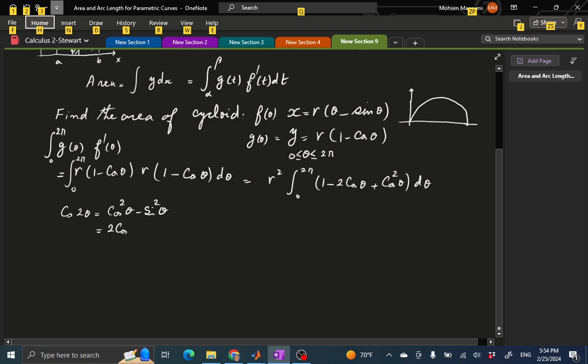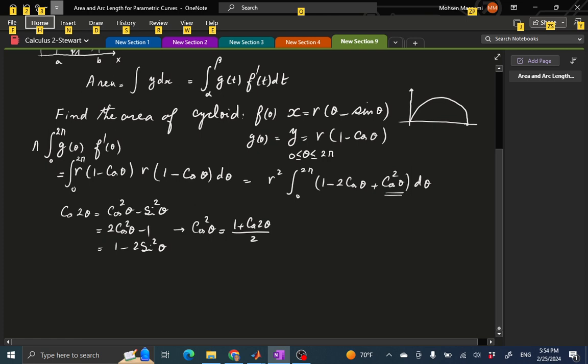You can write it as 2 cosine squared of theta minus 1, or 1 minus 2 sine squared of theta. What I'm planning to do is to convert this to cosine of double the angle and integrate like that. You have other options available to you. So cosine squared of theta is 1 plus cosine of 2 theta over 2.